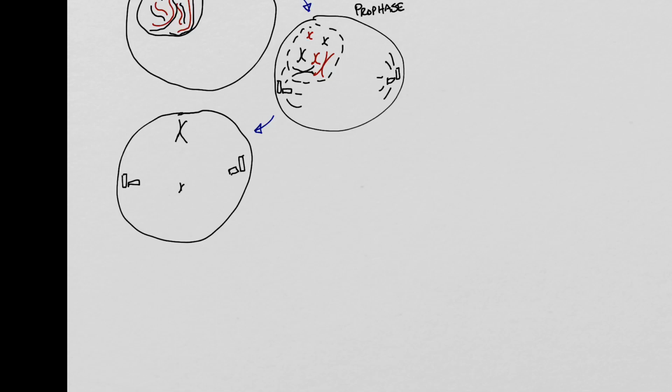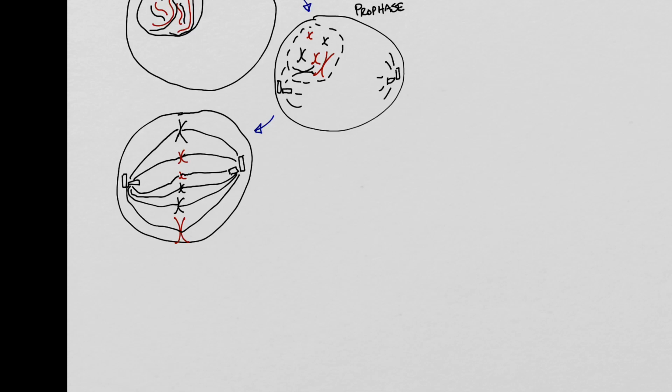Remember that these don't have to go in any particular order, and that's actually a really important characteristic that'll come into play when we talk about the next part of cell division, which is meiosis. Okay. These spindle fibers should be attached to the chromosomes right at the centromere here. And now we have metaphase.